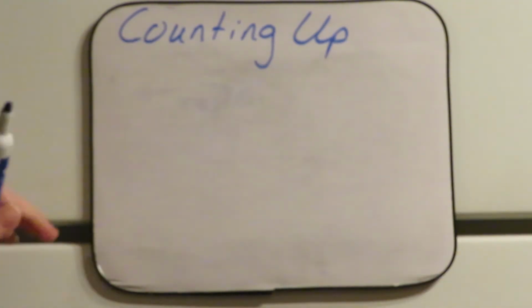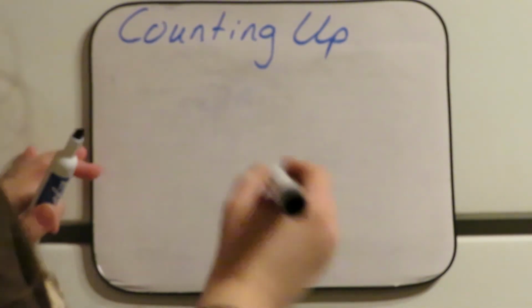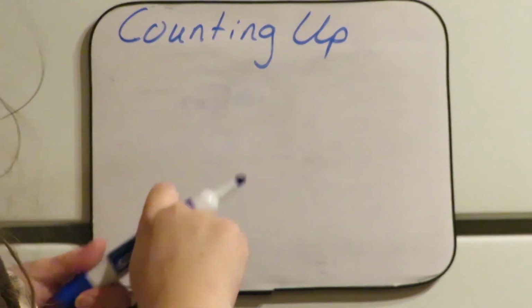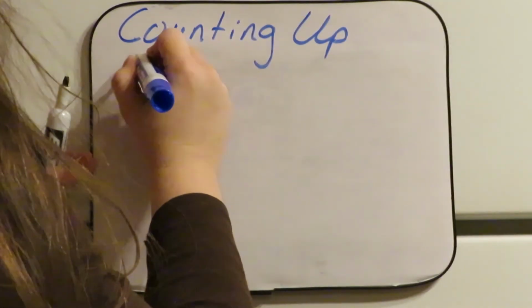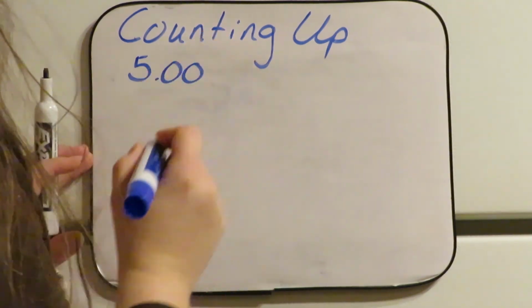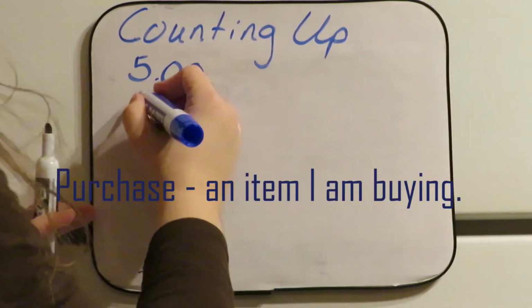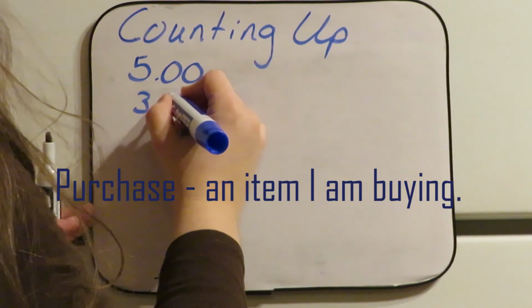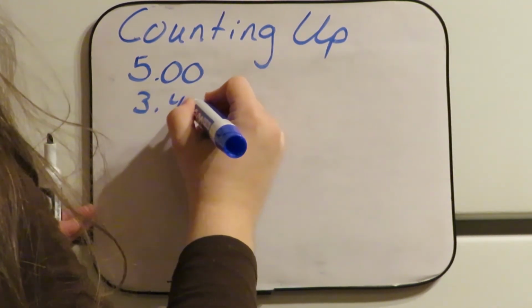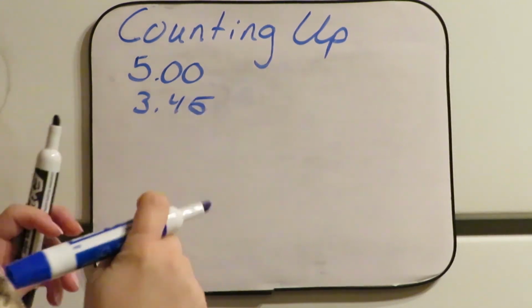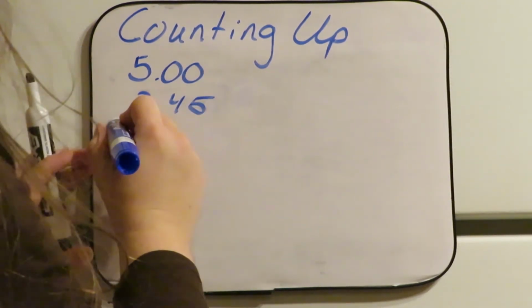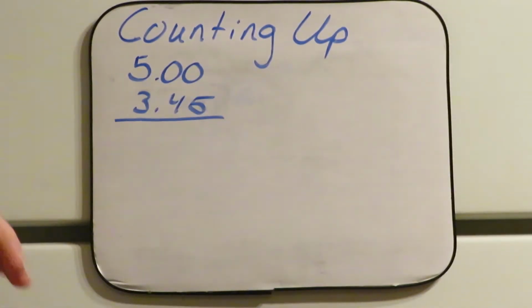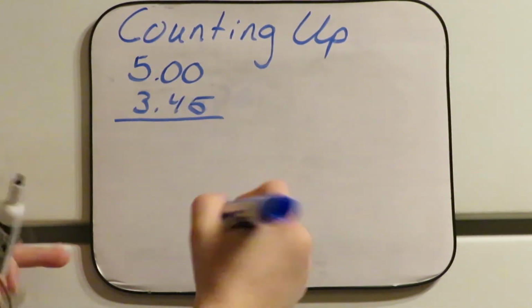For example, if I give the cashier $5, and my purchase was only $3.45, then how do we do this? We do this by counting up.